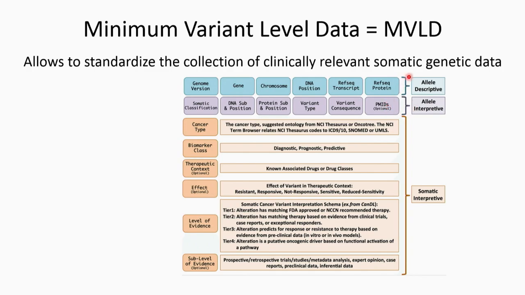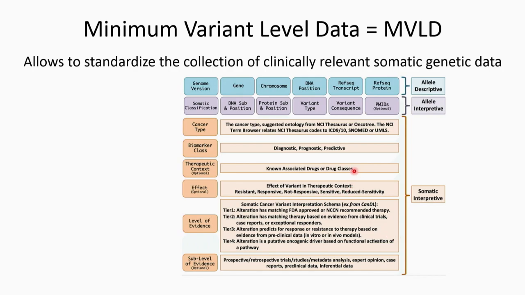Allele descriptive is basic genomic information about that variant: what is the genome build, what is the chromosome, genomic coordinate. Then allele interpretive goes more in depth about that allele and its effects on cDNA level, protein level, functional level for that protein. And then somatic interpretive is really information about the significance of that variant for a particular tumor.